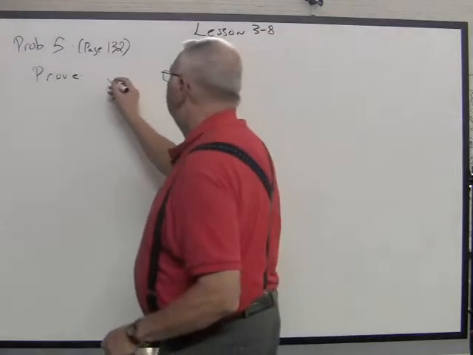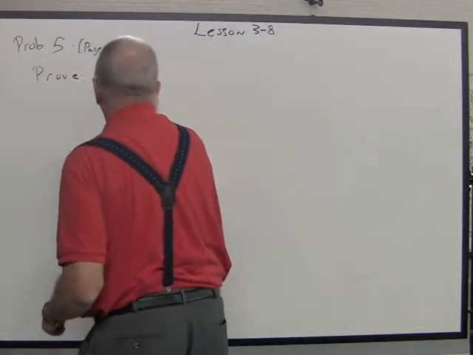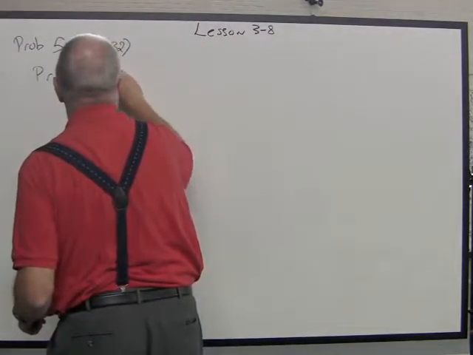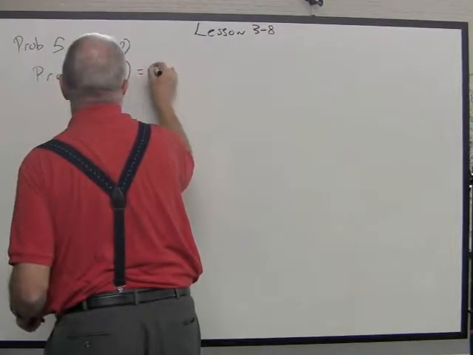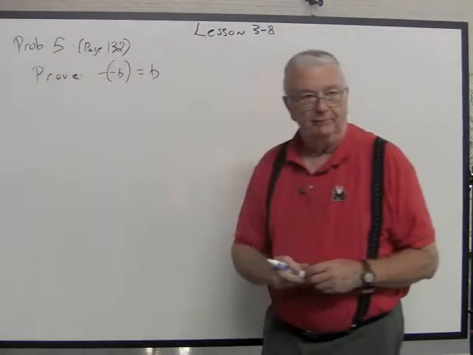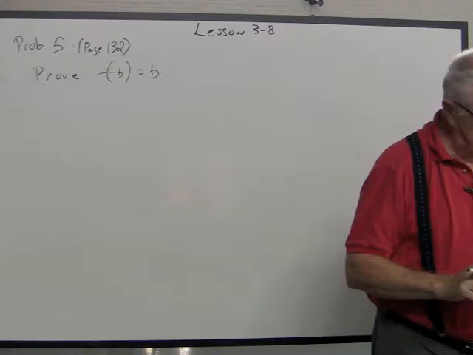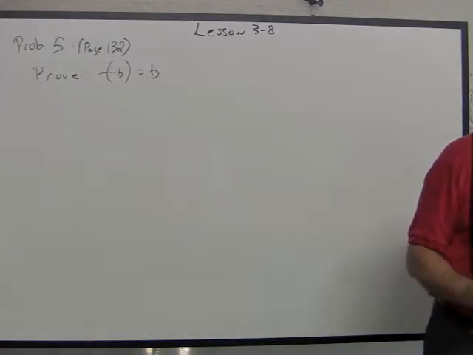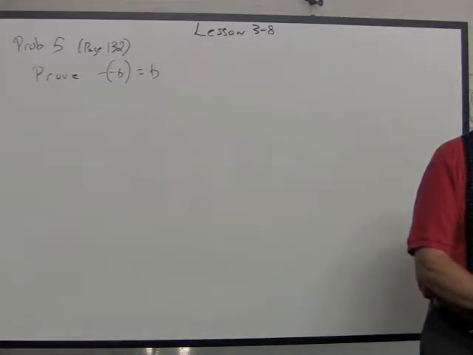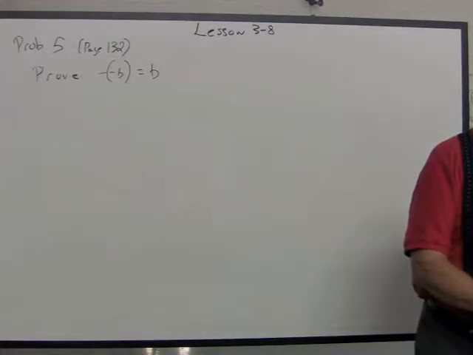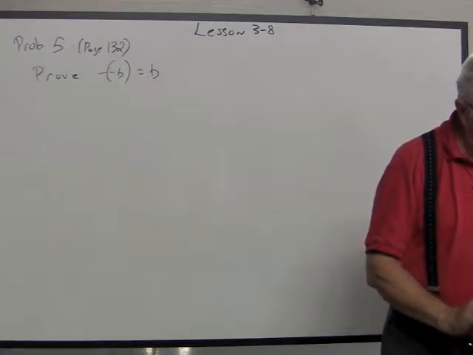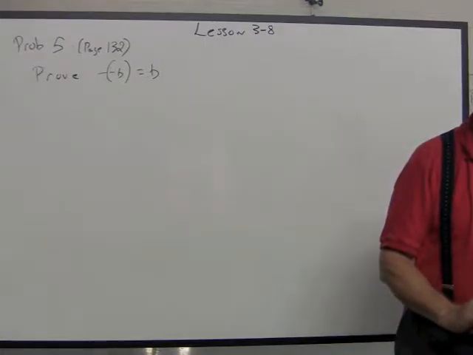So let's look at number 5. Minus a minus b equals b. So let's see the way they go through it. Now they do it within 5 steps, and I've specifically chosen problem 5 because of the last step that they have there.